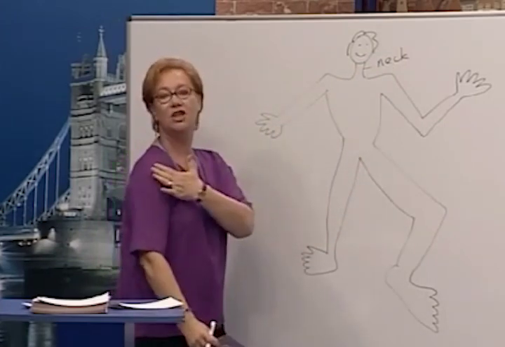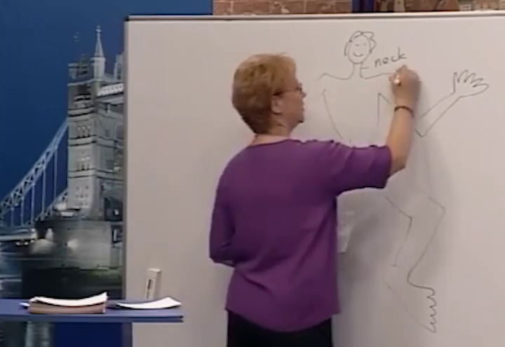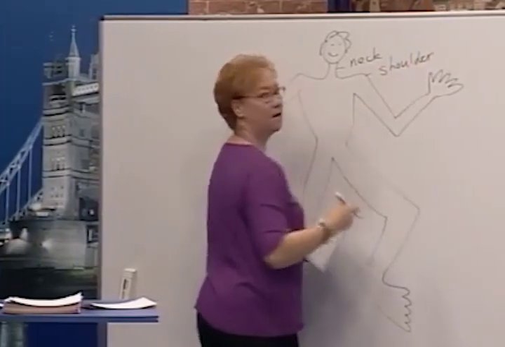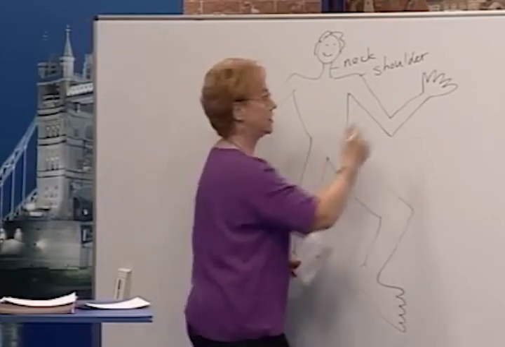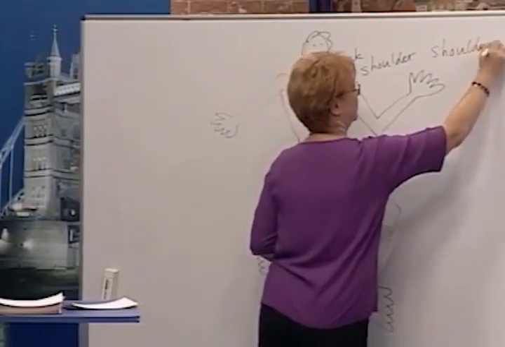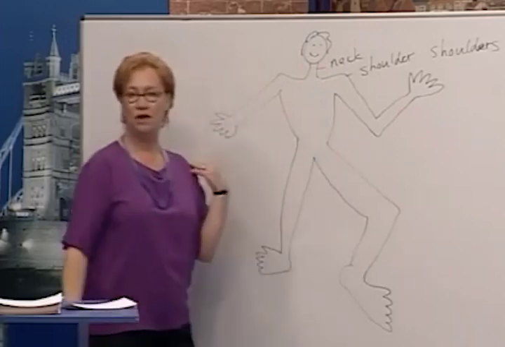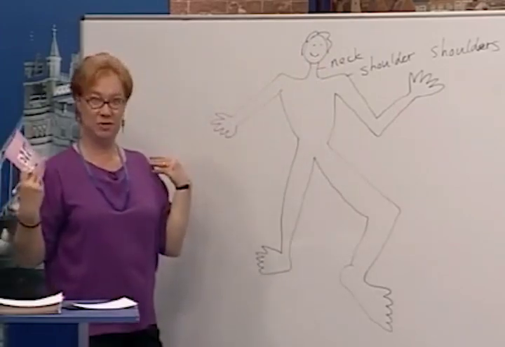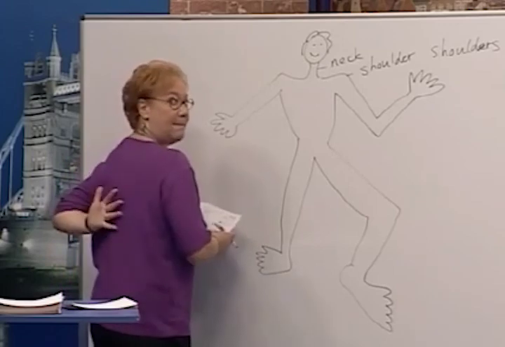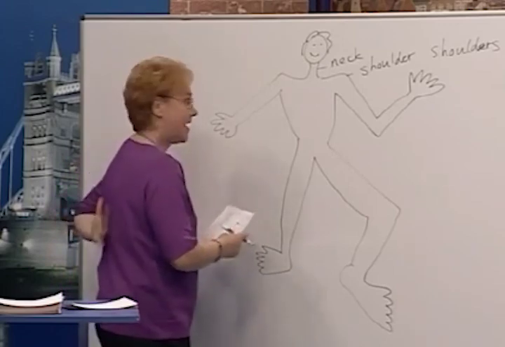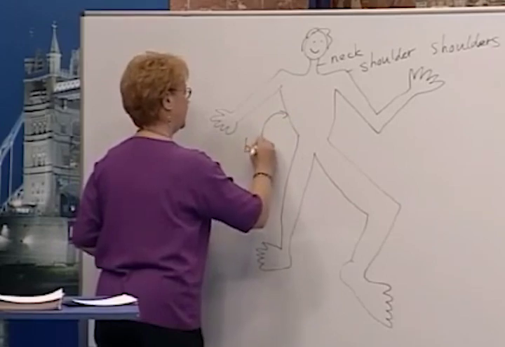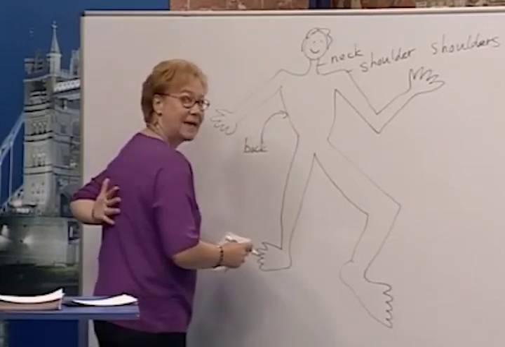Next we have the shoulder. We have two shoulders. Okay? One shoulder, two shoulders. After that, we have the back. This is the back. Now you can't see it, so we'll do it like this.